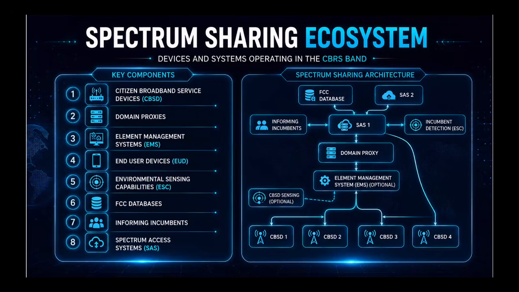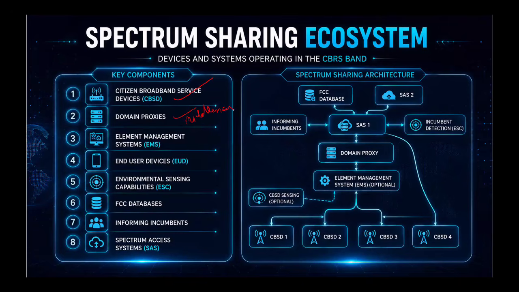So one is the CBSD, Citizen Broadband Service Device. These are the CBRS radios or base stations that provide wireless coverage. Then we have domain proxies. It acts as a middleman. We'll talk in detail in the next slides.